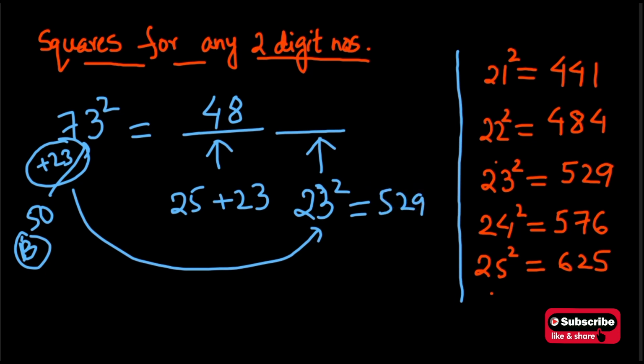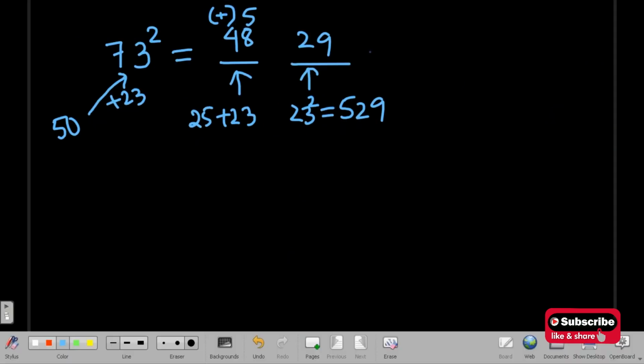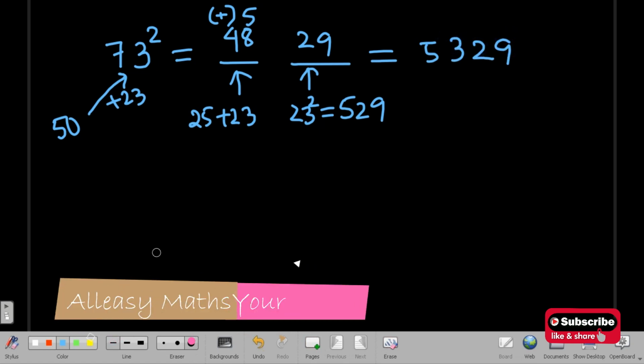So 529, and always remember it is going to be a 4-digit number. So just add the numbers: 48 plus 5 is 53, and 29.